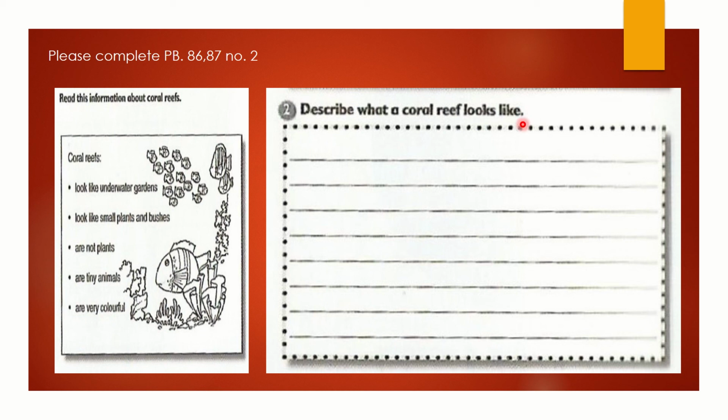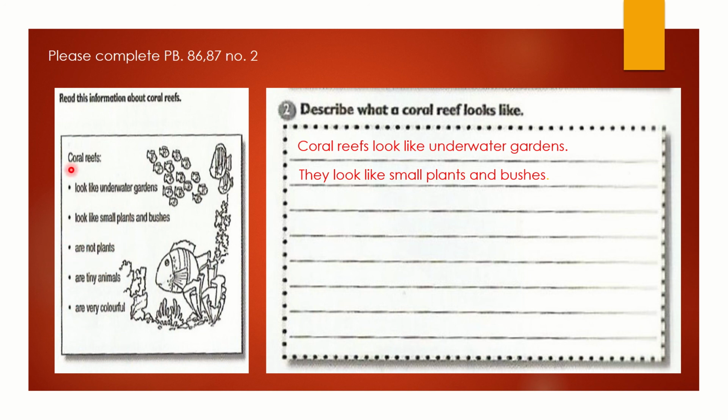Now, let's describe what a coral reef looks like. First, coral reefs look like underwater gardens. They look like small plants and bushes. I would like you to finish these last 3 bullet points.